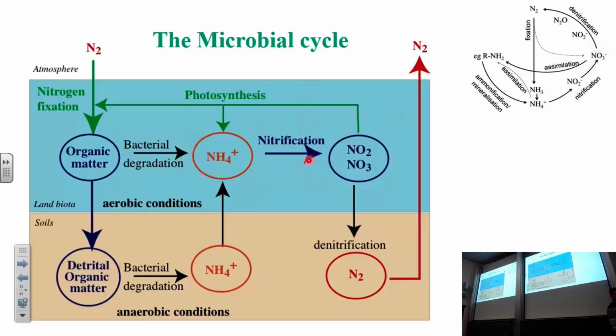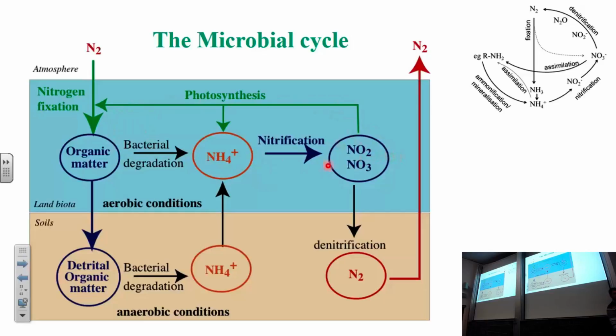That can only happen in oxic conditions. Then that nitrate can be used again by primary producers to make organic matter, so this loop can come back again.